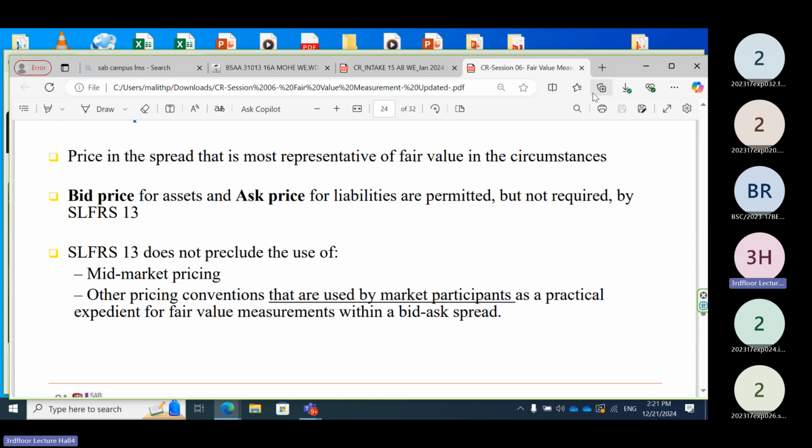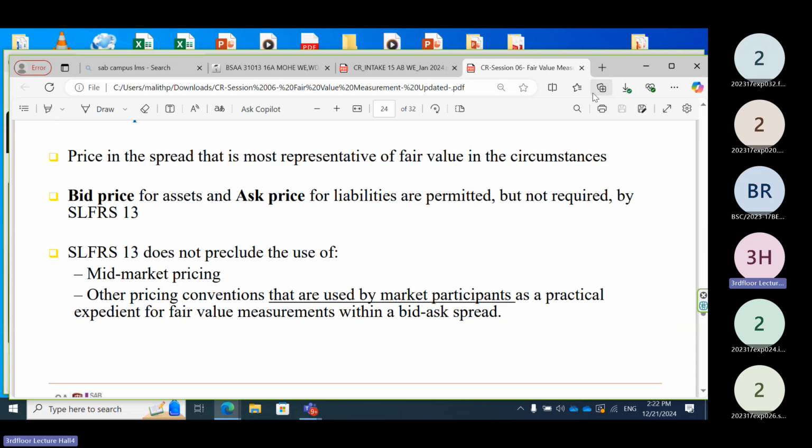If you have a liability, you need to settle it, and then you have to purchase something, right? Ask price. Let's say you have foreign currency, you are going to do the fair valuation. You have some foreign currency asset. So then what you have to do?